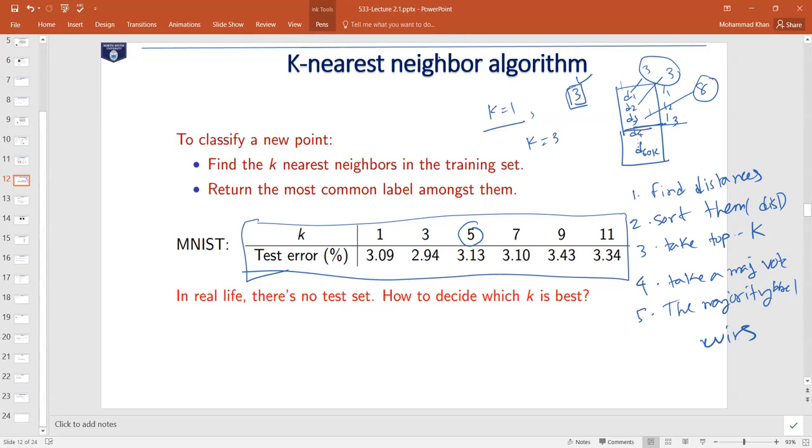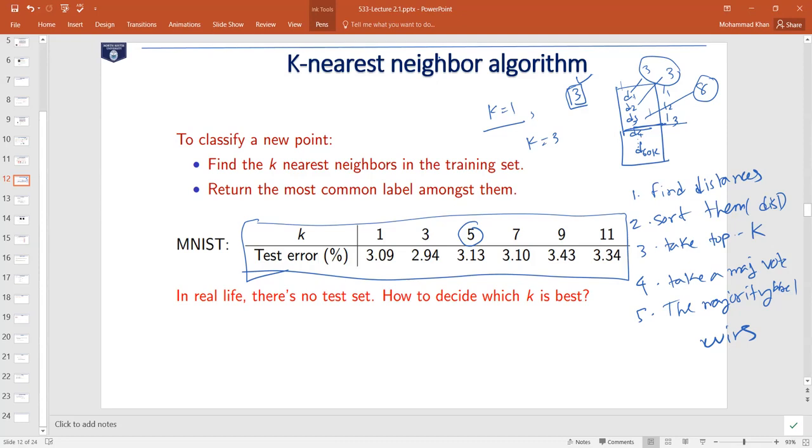So basically, we see that if we take only one neighbor, that means K equals 1, we get an error of 3.09%. If we increase the number of neighbors to 3 and use majority vote, the error drops to 2.94, and then the error increases again, even more than K equals 1.